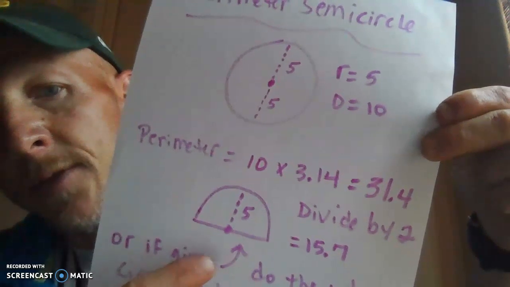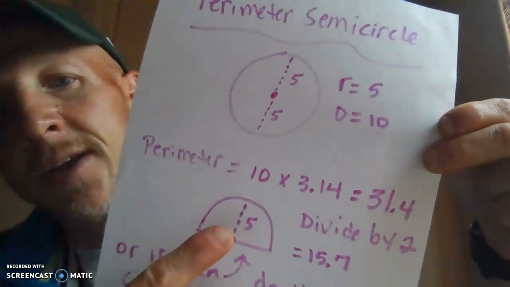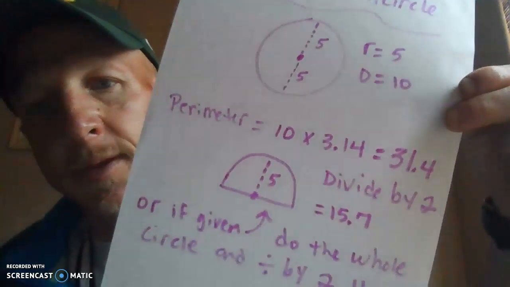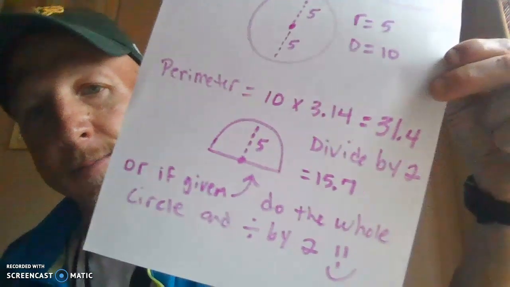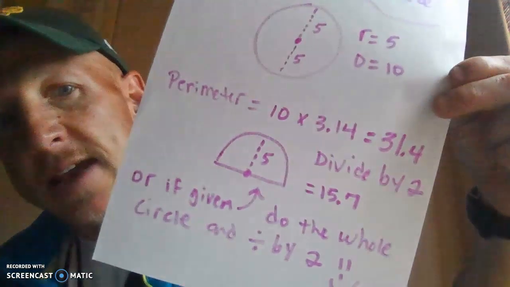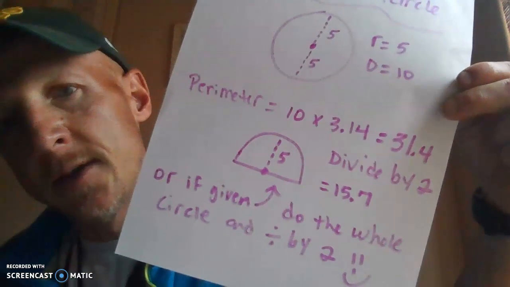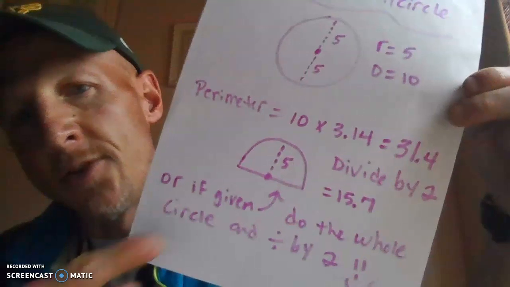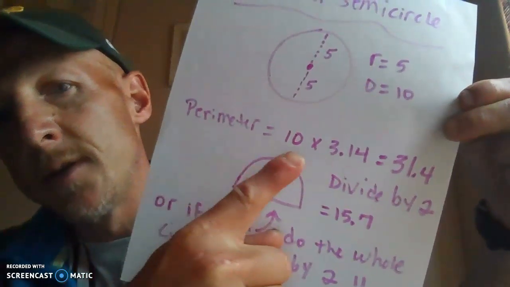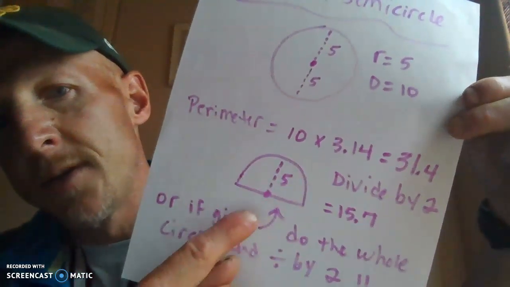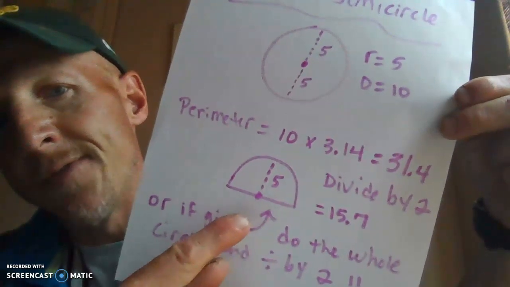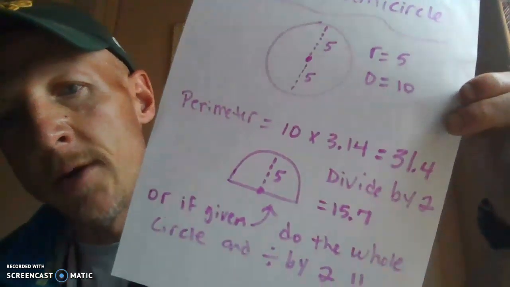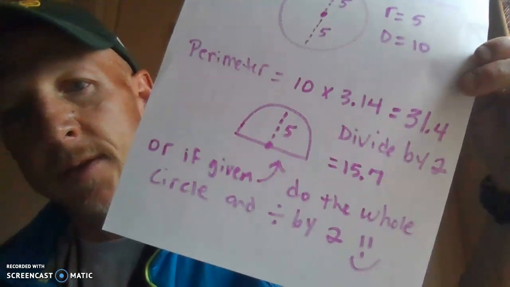So 15.7 plus 10 would be 25.7. If I was looking at the whole piece, I know the radius is 5, the diameter is 10. So the arch on top is going to be 15.7, and this base here, 5 and 5, is going to be 10 more, 25.7.